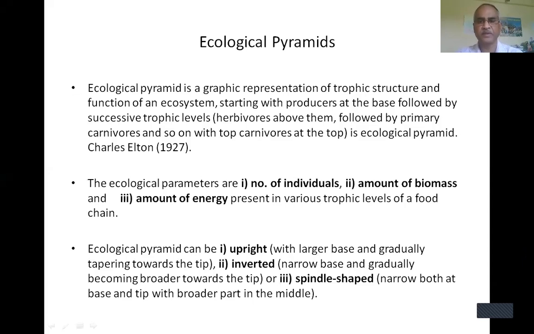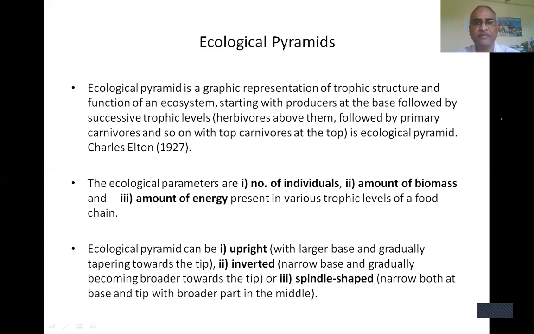My dear students, in today's lecture, I will be explaining to you about ecological pyramids. Ecological pyramid is a graphic representation of trophic structure and function of an ecosystem, starting with producers at the base, followed by successive trophic levels.